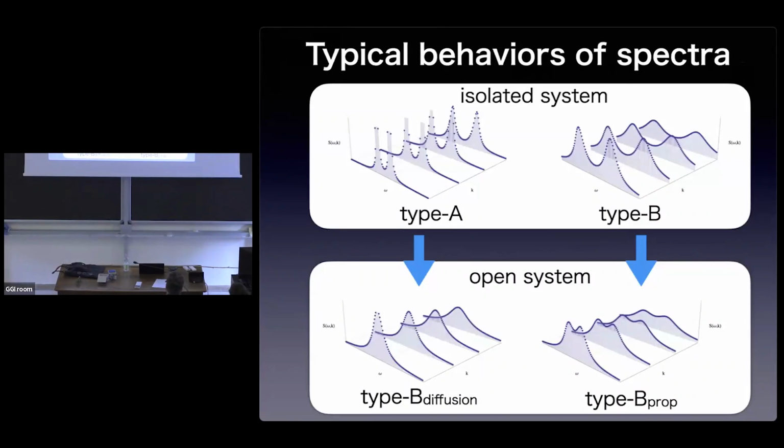Typically, the original type A mode in a closed system becomes the diffusion mode, and the typical type B mode in an open system is still a propagating mode. So this is one of our results. On the other hand, the ordinary hydrodynamic diffusion mode becomes the damping mode in an open system.